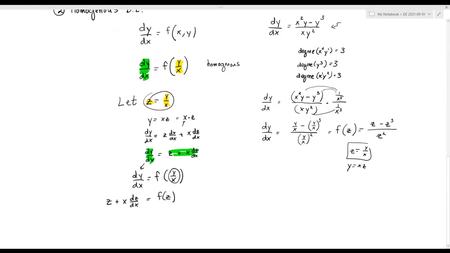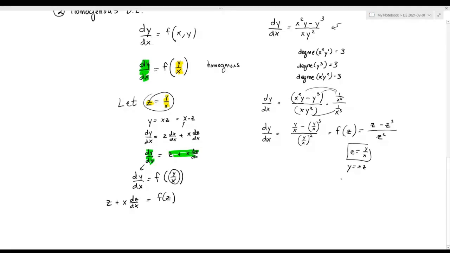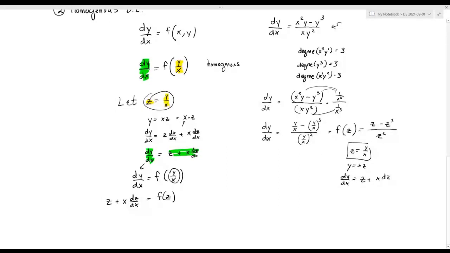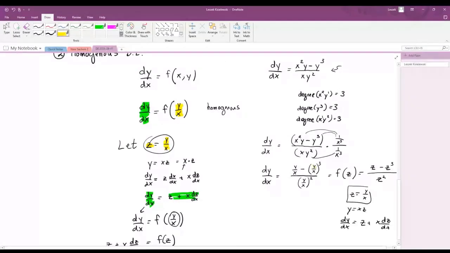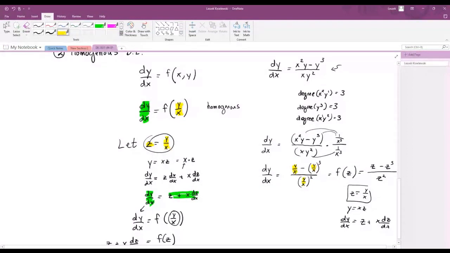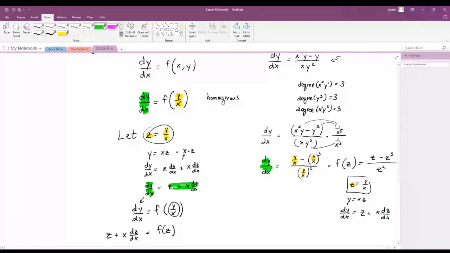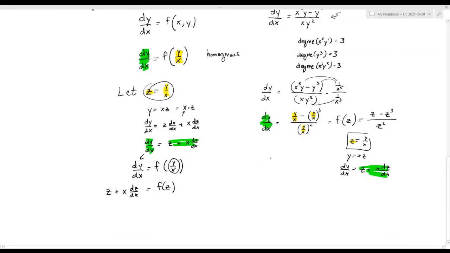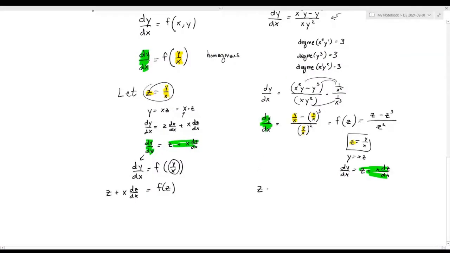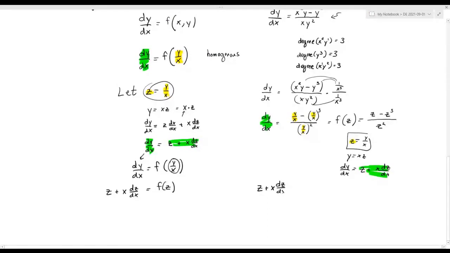So for our particular example, dy/dx using the product rule is equal to z plus x times dz/dx. So here we go. All these just become z, and you're going to get on the left z plus x times dz/dx. On the right-hand side, we get z minus z cubed.